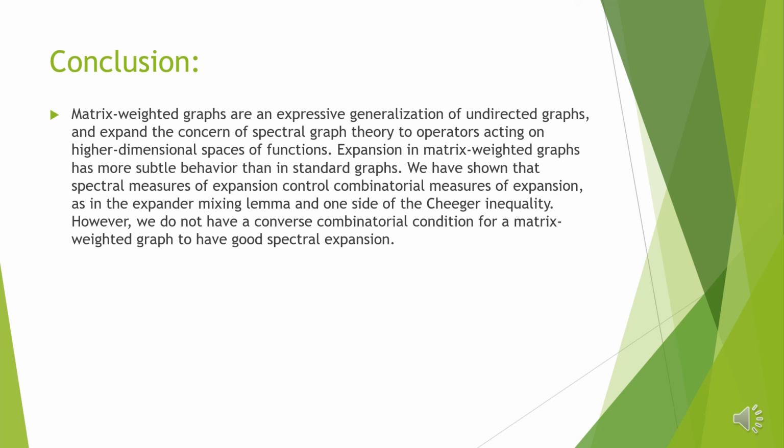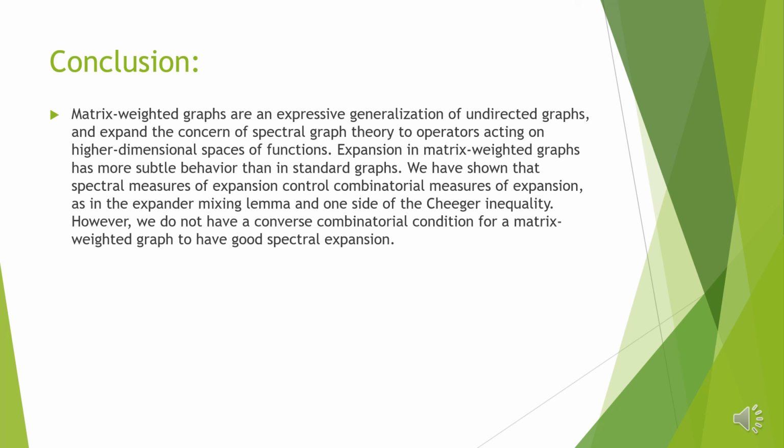So here is the conclusion: matrix weighted graphs are an expressive generalization of undirected graphs and extend the concerns of spectral graph theory to operators acting on higher dimensional spaces of functions. Expansion in matrix weighted graphs has more stable behavior than in standard graphs.